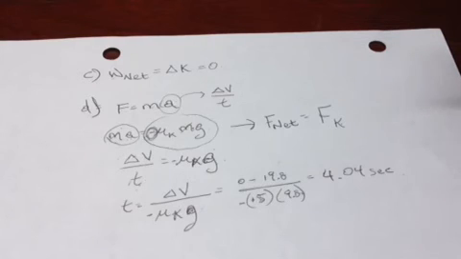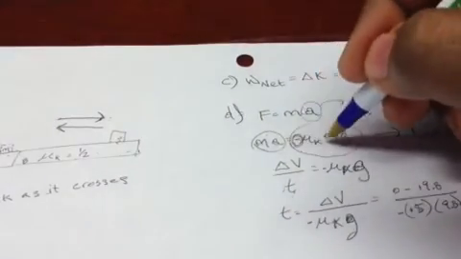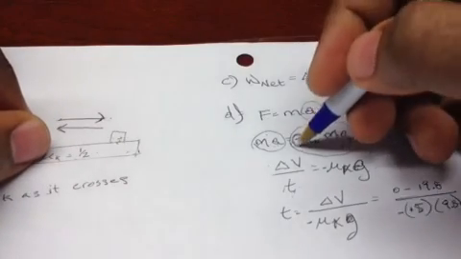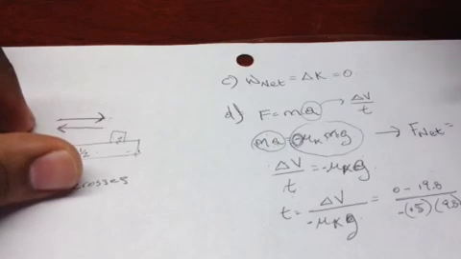That's all this is saying. The force due to kinetic friction is going to be in the opposite direction of the net force, opposite direction of the object's motion. So that is why we are going to have a negative force. Alright, and that's it.